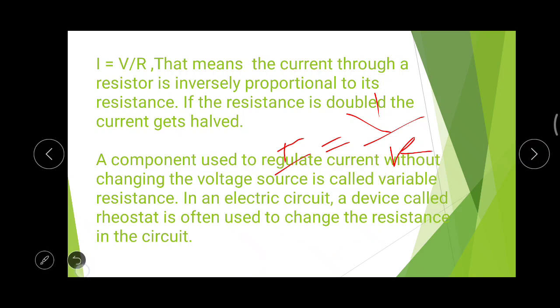So the component used to regulate the current without changing the voltage source is called variable resistance. When we discussed the symbols of the electrical equipment, we discussed the variable resistances, isn't it?